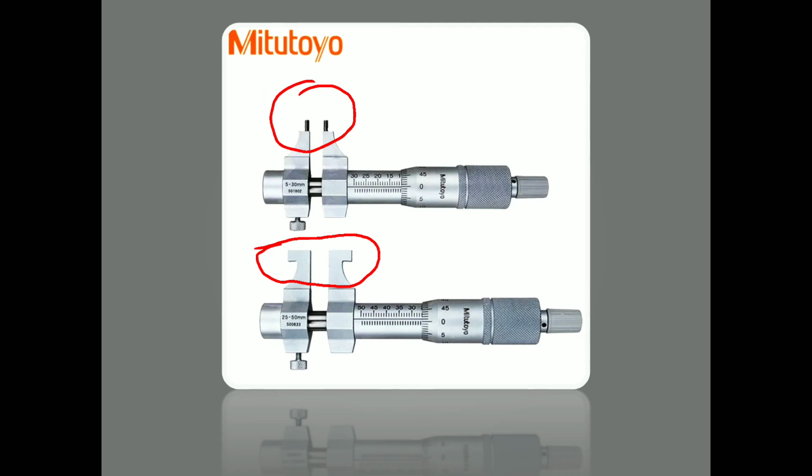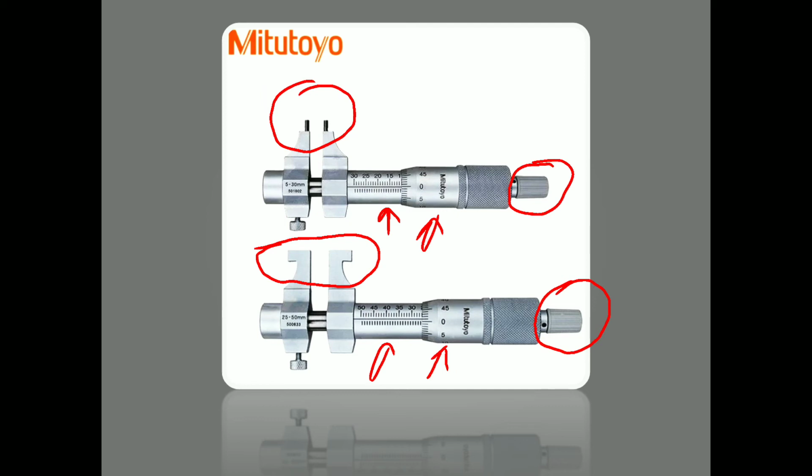You can also see here the ratchet mechanism, which is given to apply equivalent or uniform pressure. You can also see here the scale that is called the circular scale, the thimble scale. Then you can see here the main scale, which is having different ranges as per your application.